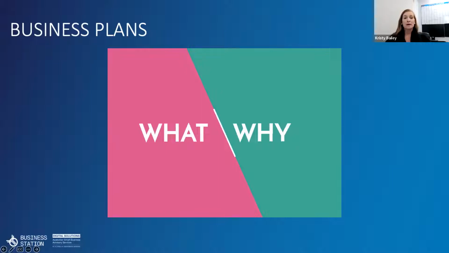But a good business plan will really guide you through each stage of starting and managing your business. So I find that businesses do tend to use these business plans as a roadmap for how to structure, how to run, and how to grow your business. So it's really just a way to think through the key elements of your business and put it all on paper.